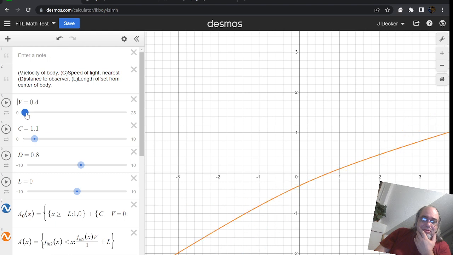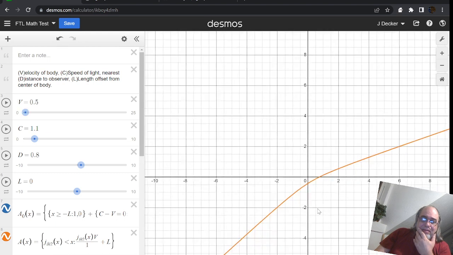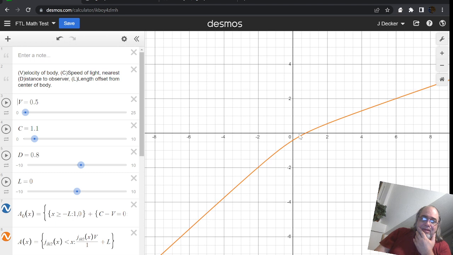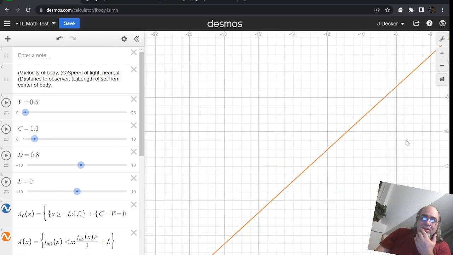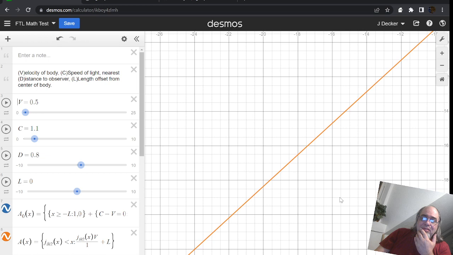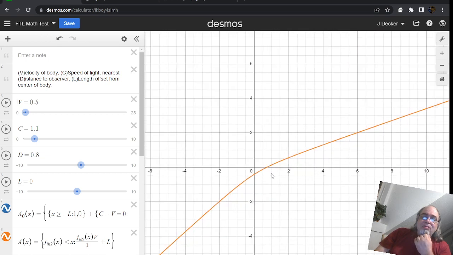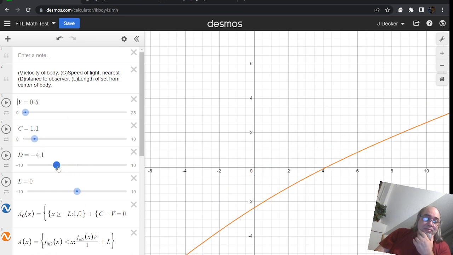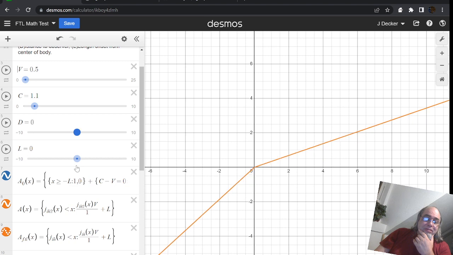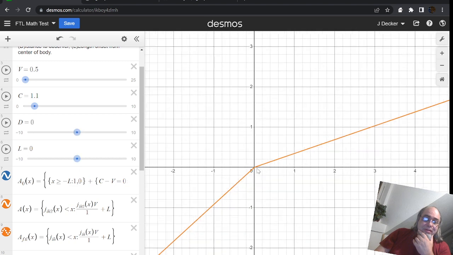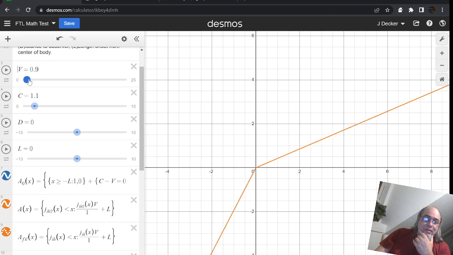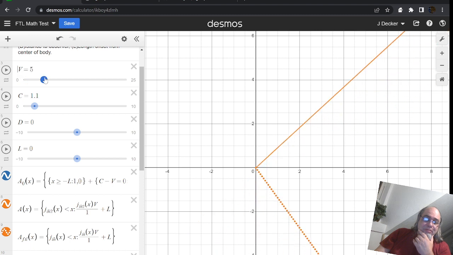But as you get to 1/2 the speed of light, then it looks like it approaches you at slightly more than the speed of light, less than the speed of light, and then goes off slower. But it's not a straight line. If I set the distance to 0, then there's a direct inflection there. And that's a point that this all pivots around.